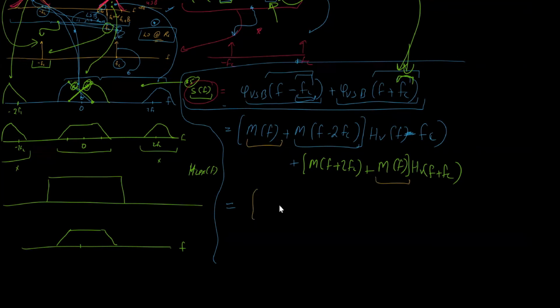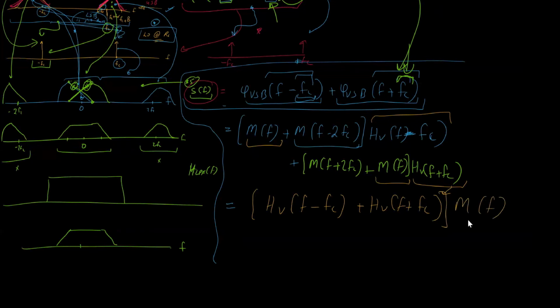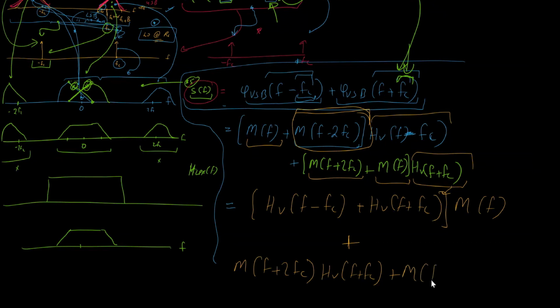So if we combine the M of f terms, we would have HV of f minus fc from here and HV of f plus fc from here, and both of them have the common element of M of f, plus the remaining term, that is M of f plus 2fc, and this is with HV of f plus fc, plus this part over here, M of f minus 2fc, and then this part with it, that is HV of f minus fc.